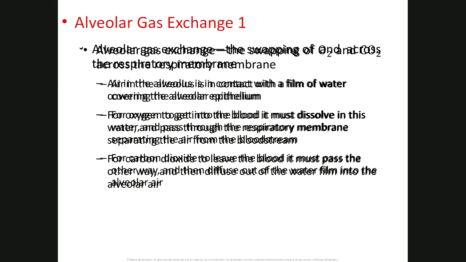There's alveolar gas exchange, where you have oxygen and carbon dioxide switching, like we paid attention to some slides back. Oxygen will dissolve in water and pass through the respiratory membrane, and carbon dioxide leaves the blood and may pass another way, where it can easily diffuse into the compartment.